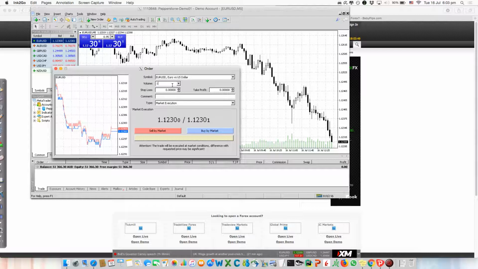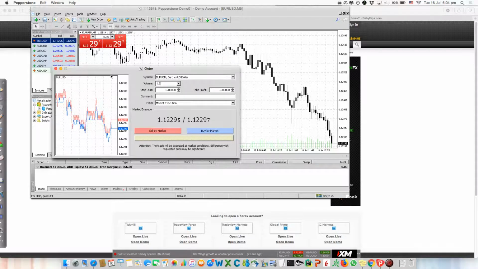So if I write 1, it means I'm buying 1 lot. If I write 1.2, I can buy 1.2 lot. And this is a big difference compared to the stock market, because we can have fractions here. We can have 1 point something.